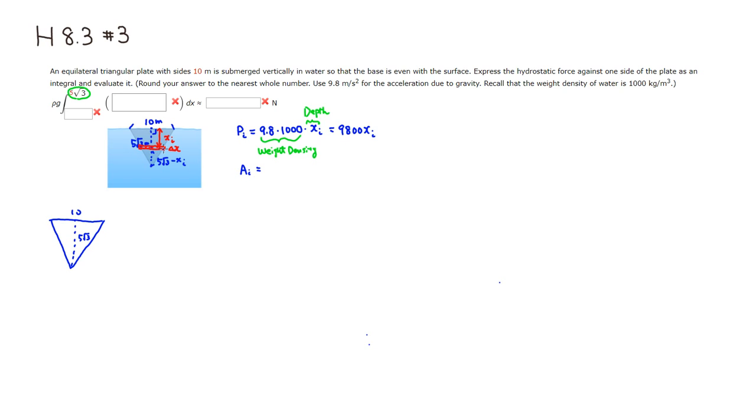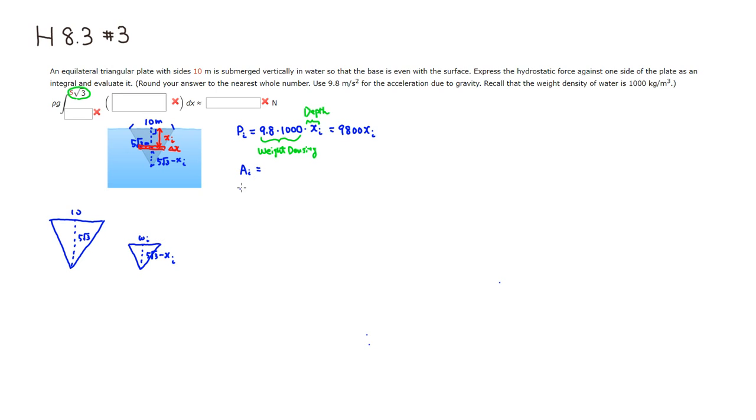Then we visualize a smaller triangle. We don't know the width here, so I'm going to call it Wi, but the height here is 5 square root of 3 minus xi. Let's look at the ratio.